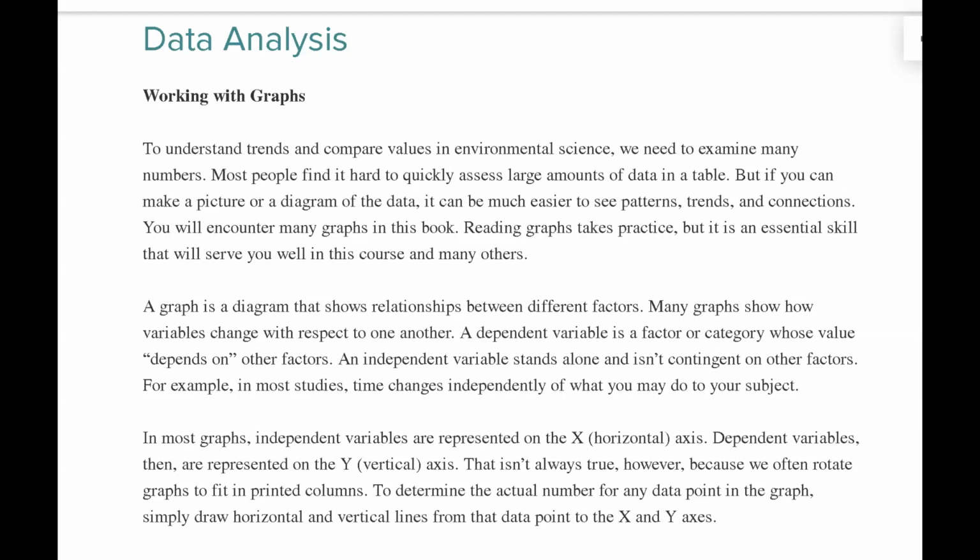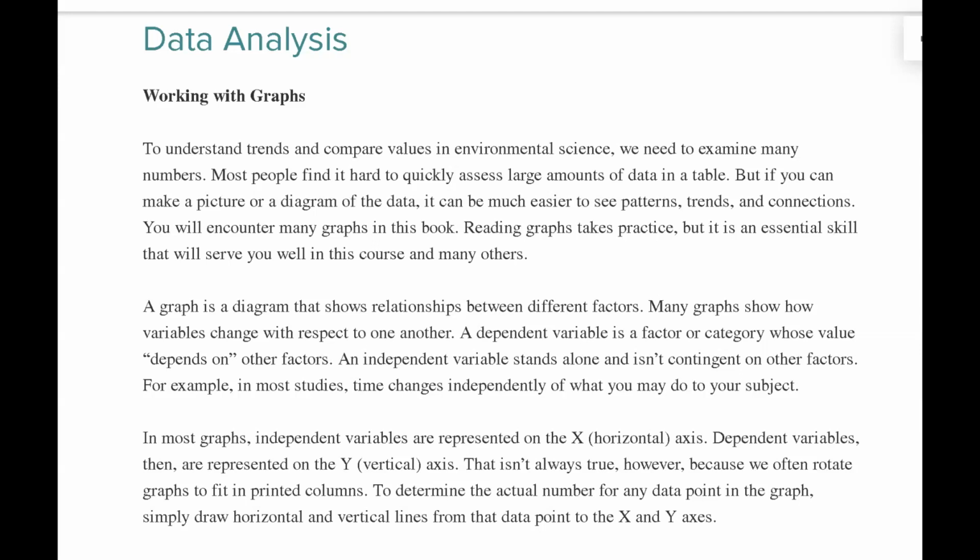So it's very important to be able to understand what a particular type of graph is telling us. So once again, data analysis and graphs are very important in general.